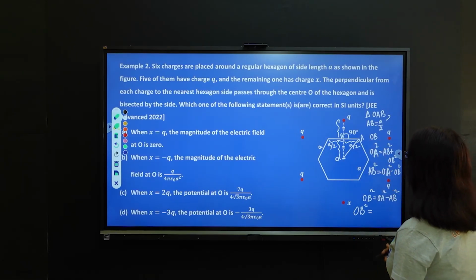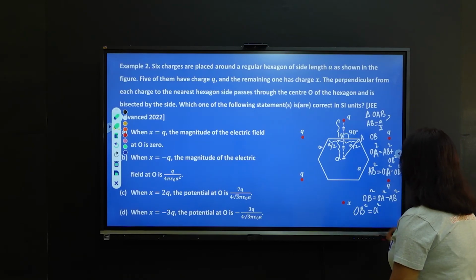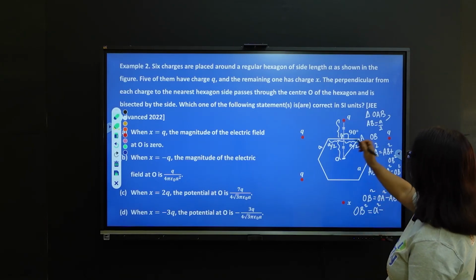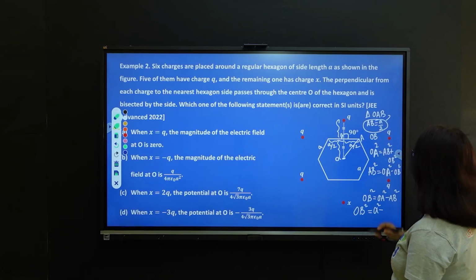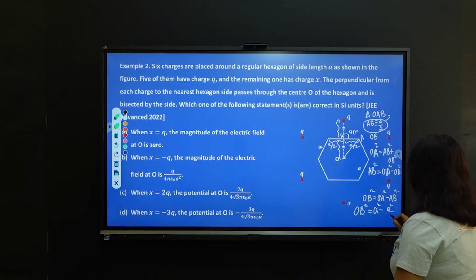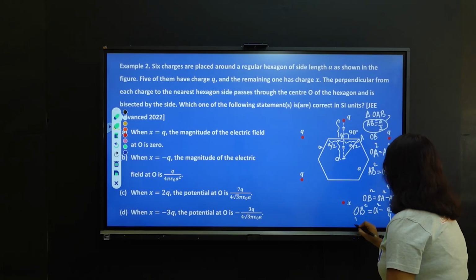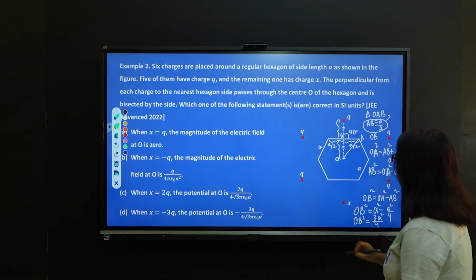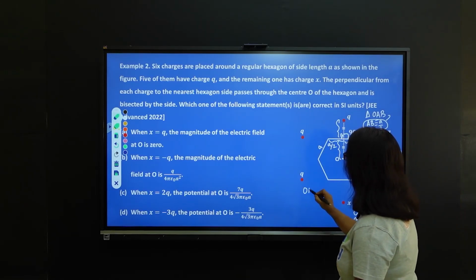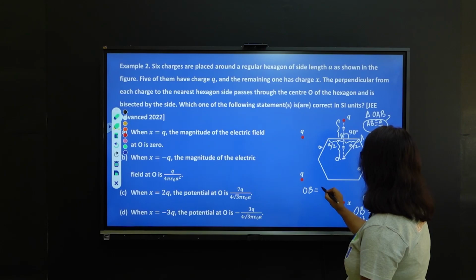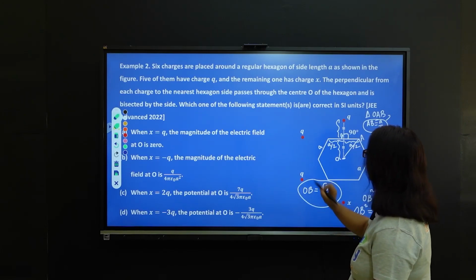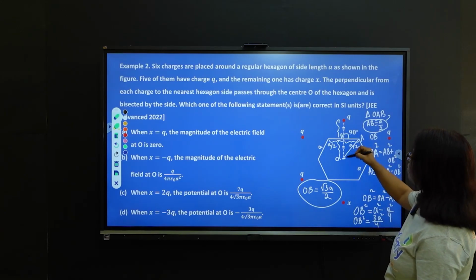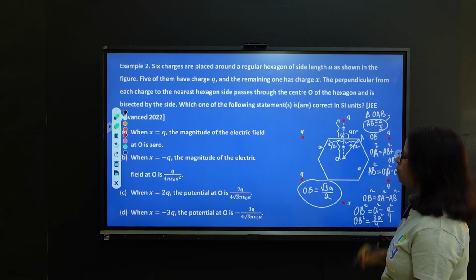So this is equal to A square, and AB, as we wrote down, is equal to A by 2. So this is A square by 4. So we get OB square as equal to 3A square by 4, or OB is equal to root 3A by 2. So this distance is equal to root 3A by 2.